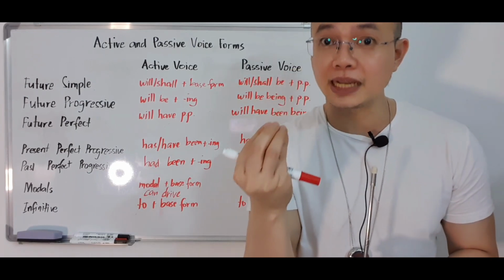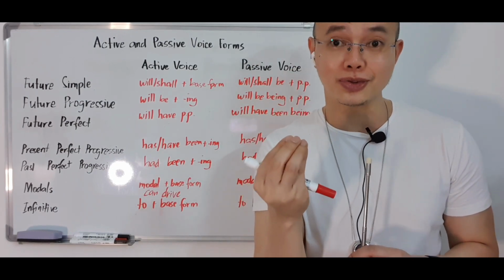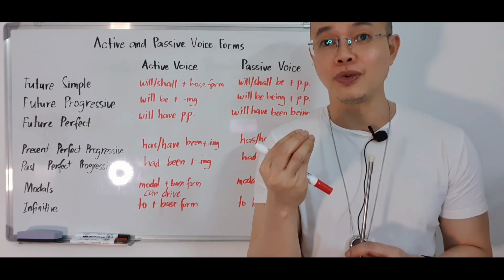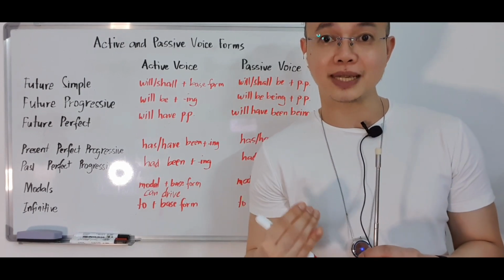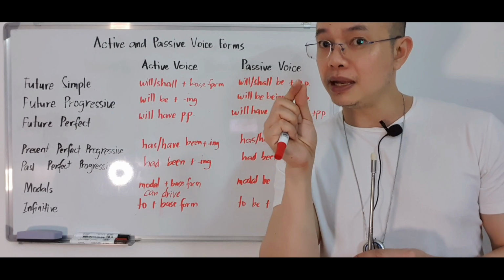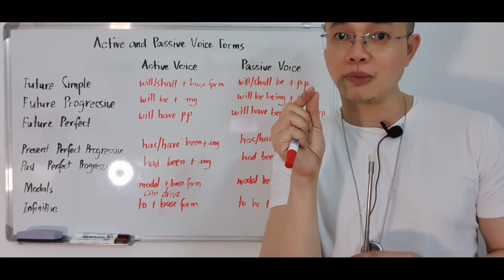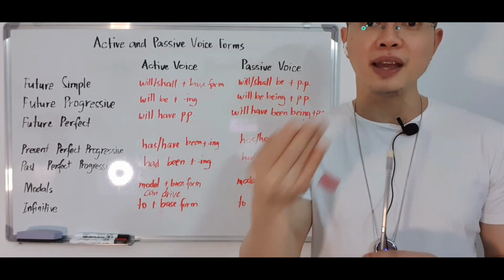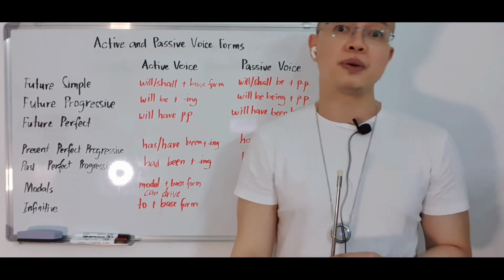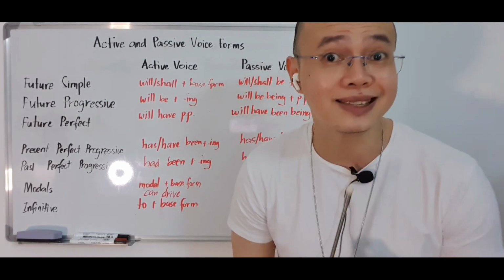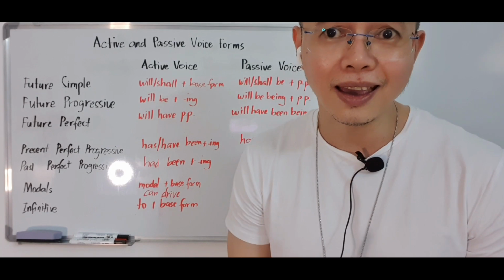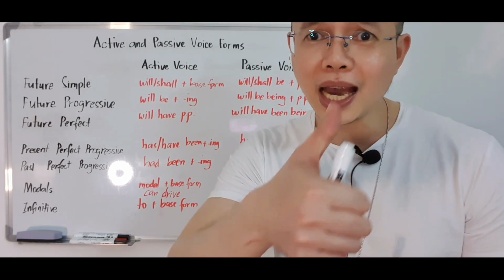The be tells you what tense you are going to use, so that if you want to express present simple tense, then you will have the be, present simple form of be is am, is, are, and then plus the past participle form of the main verb. As easy as that. We got this.